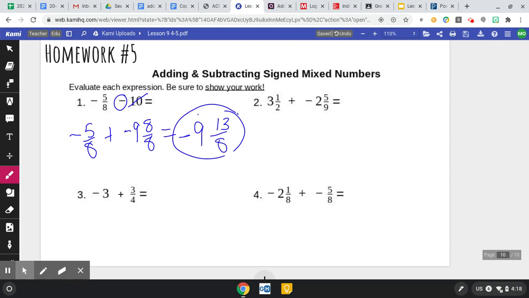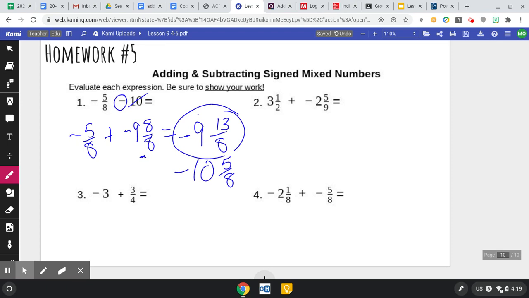So then we can get a negative 10 and 5/8. All right. So that first one, did I really have to do this step? Not exactly. But I wanted to show you how you would rewrite it as a mixed number, even though it was a whole number. Okay.